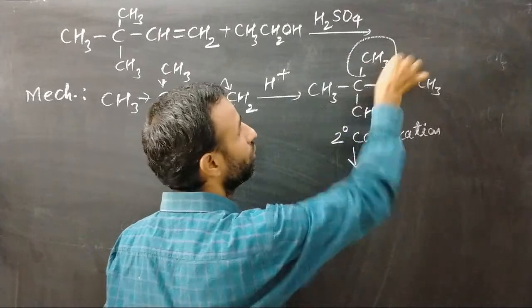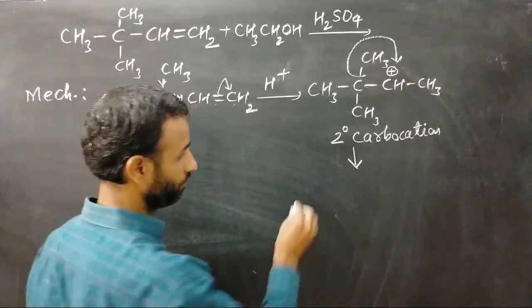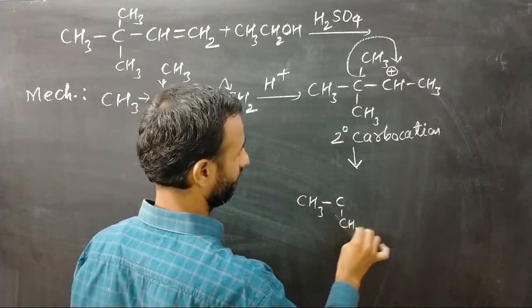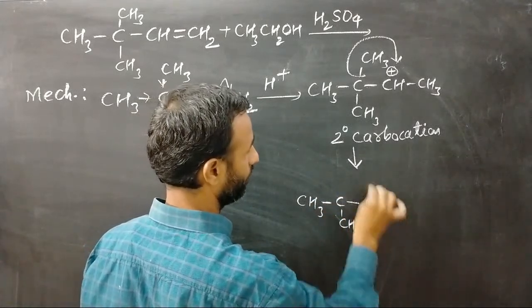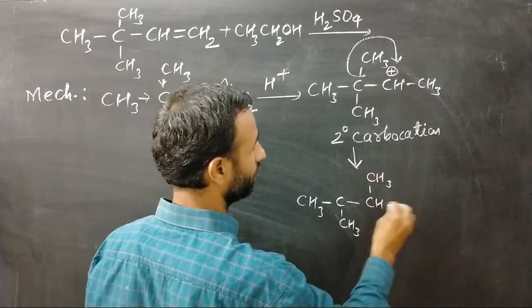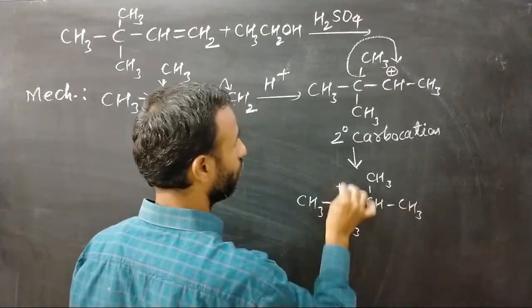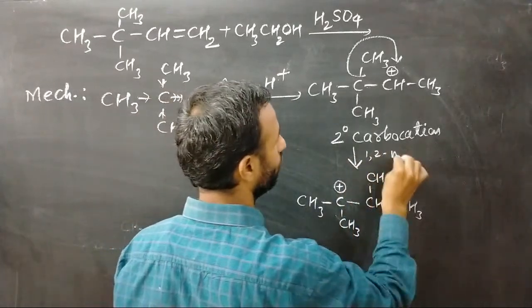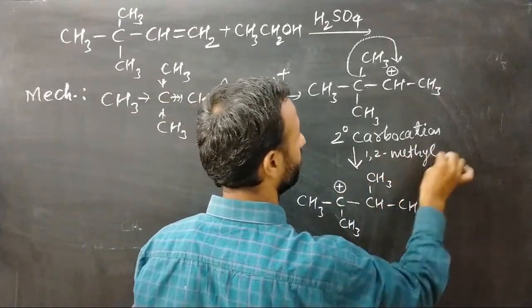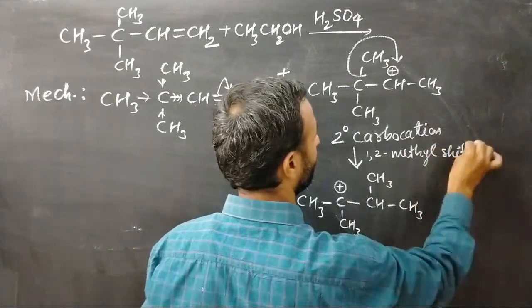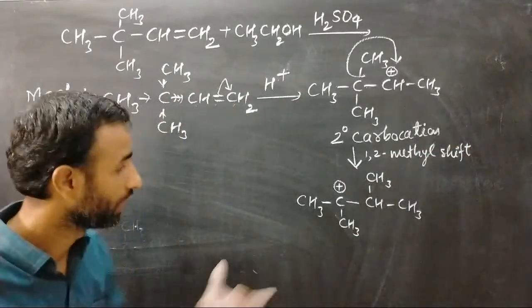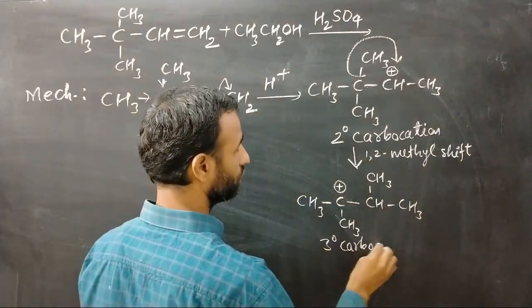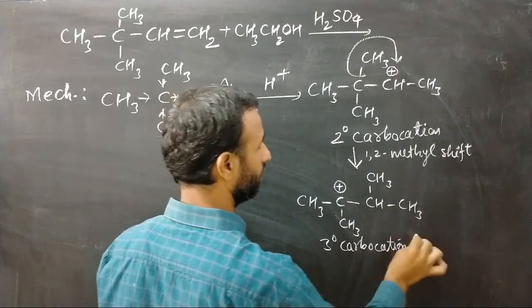So a 1,2 methyl shift takes place, and now we get a tertiary carbocation, which is more stable.